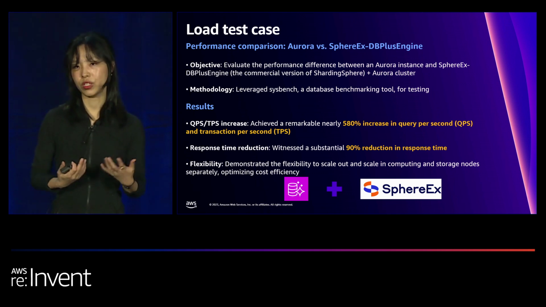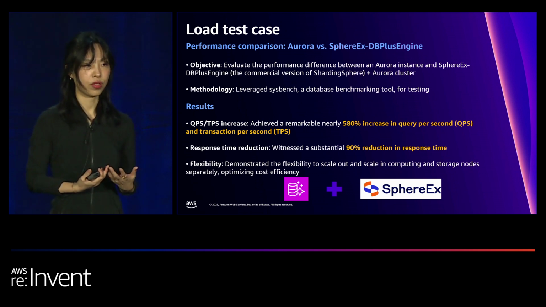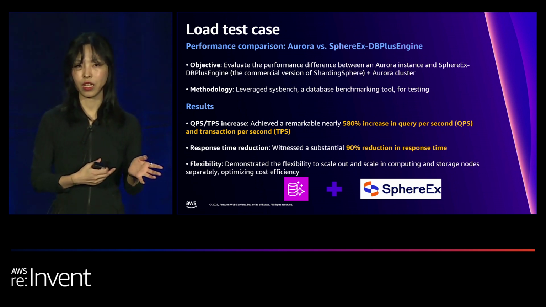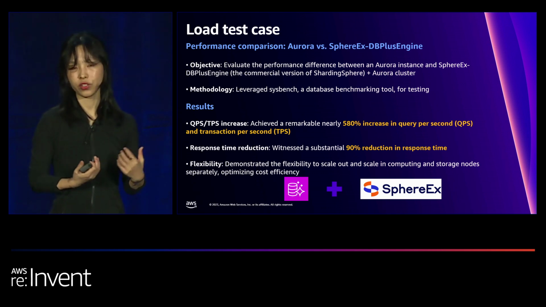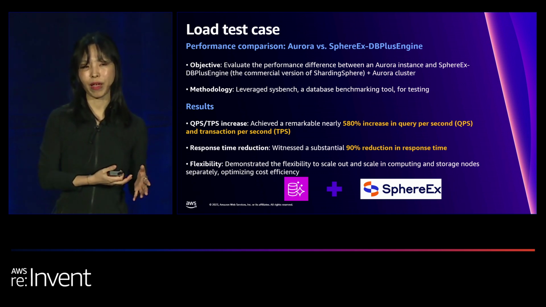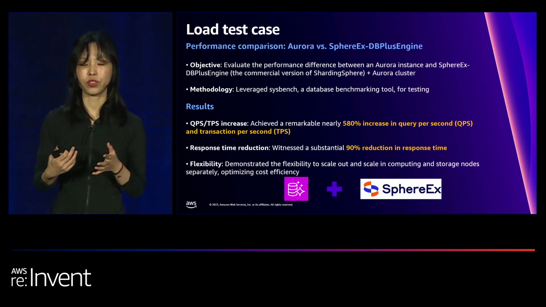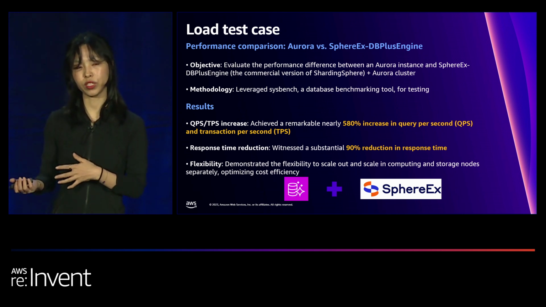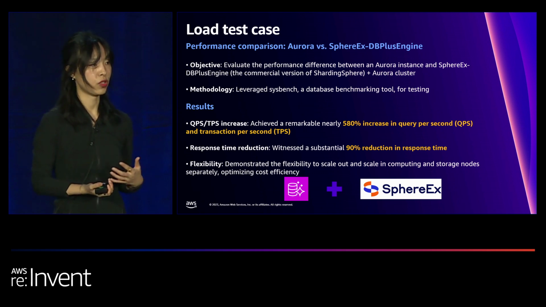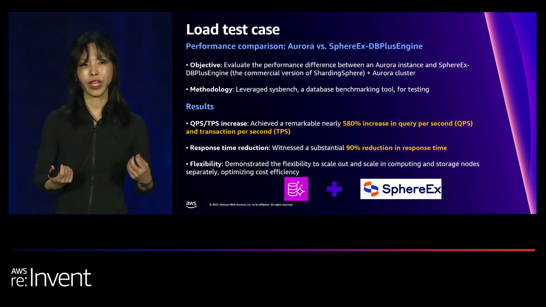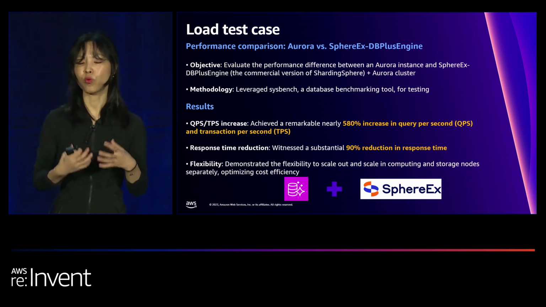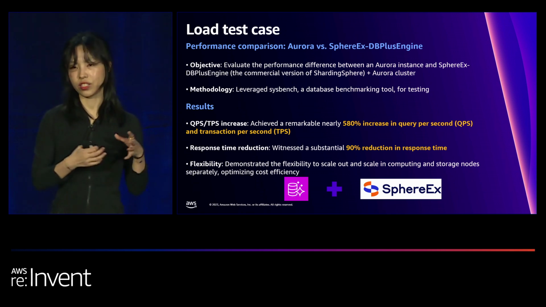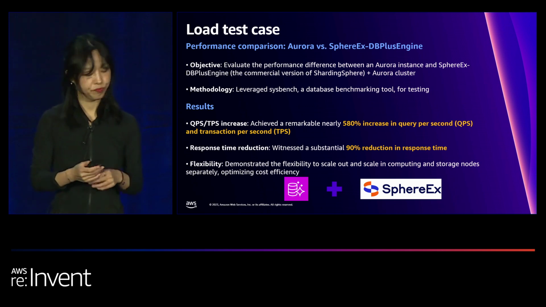Because now when we talk about data, we really care about our private information, and ShardingSphere is not just to help us do load balancing or data distribution, it can also help us do data encryption. So we can put all of the important expectations or features into this single solution.